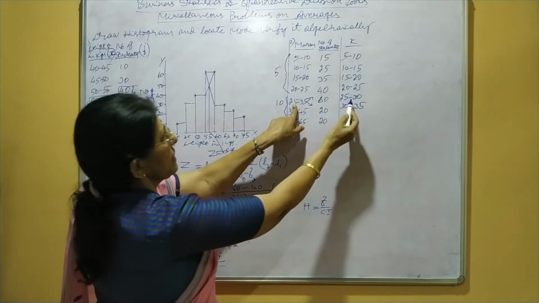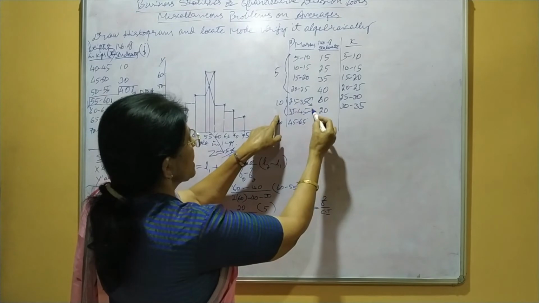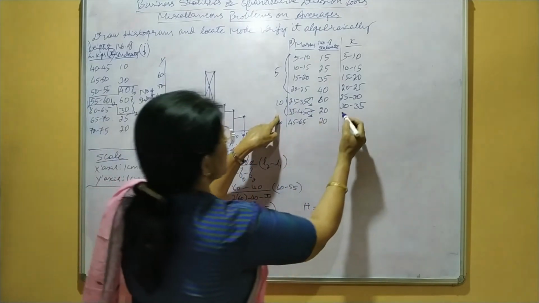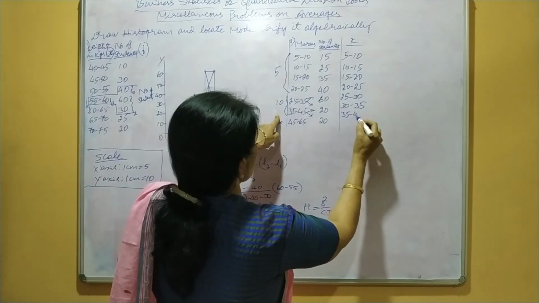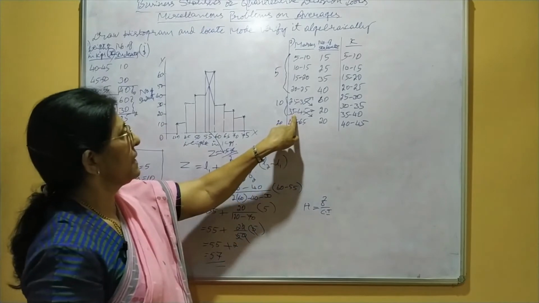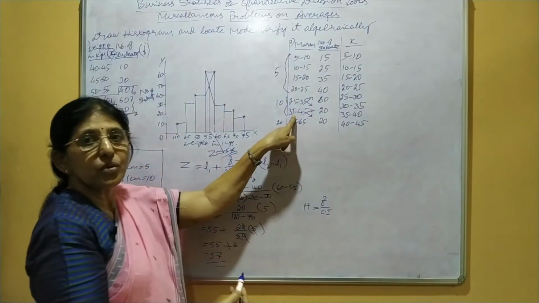Even this also is to be split into two classes, that is 35 to 40 and 40 to 45. 35 to 45 is split into two classes.